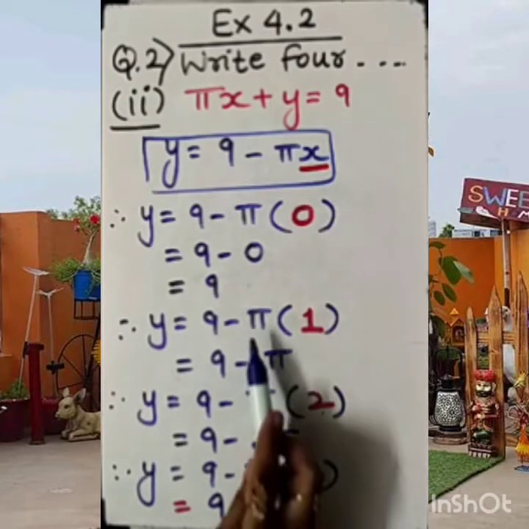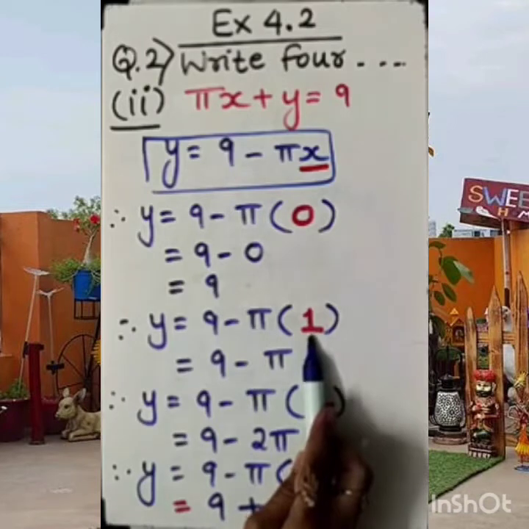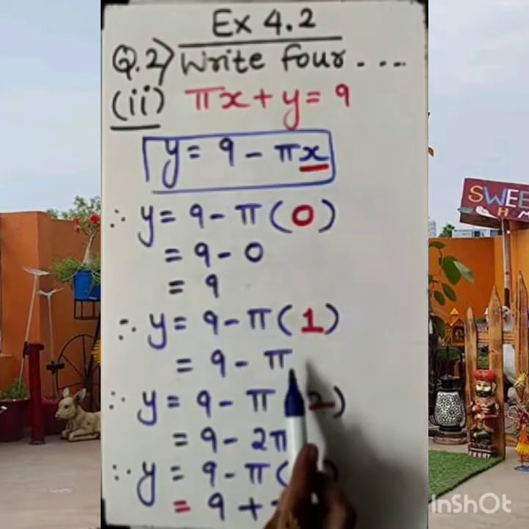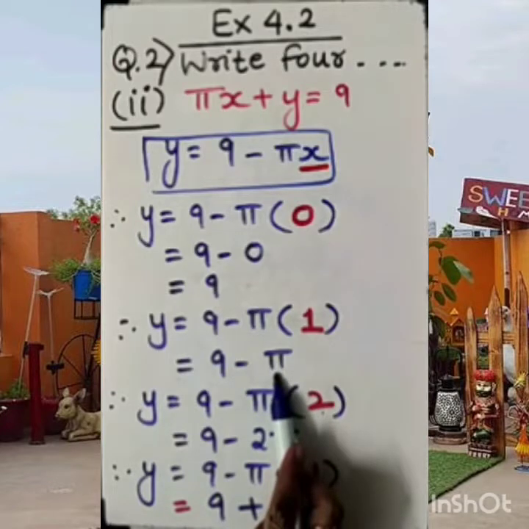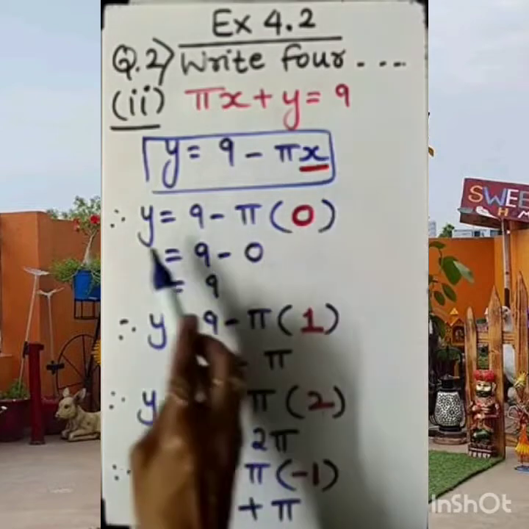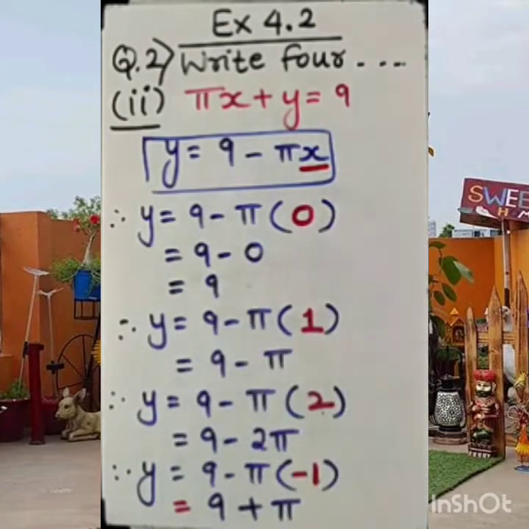The same thing we have taken here also. You can see here I have taken 1, so after multiplying I have minus pi as a result. Here I have taken -1, but because of this minus, it is becoming plus pi into 1 is pi. Fine. So for the different values of x, we are gaining the value of y, you can see.